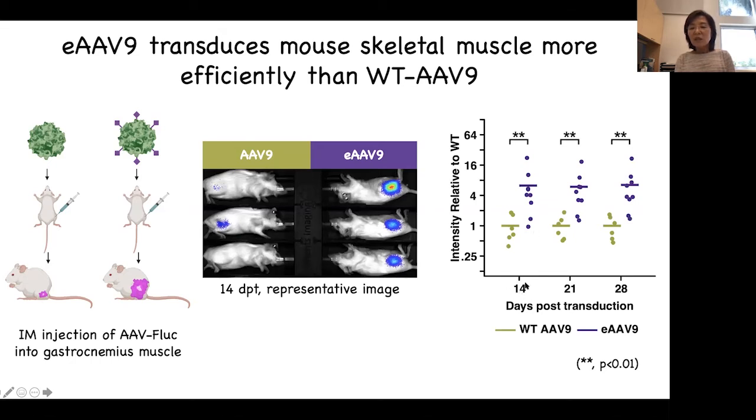And Cody measured this at week 2, 3, and 4. And as you see here, although there is a big variation among the mice in the same group, nonetheless, there is a significant increase in transduction efficiency by EAAV9.